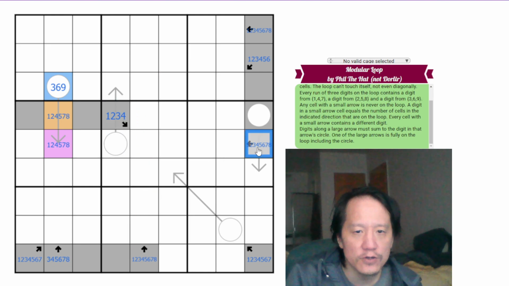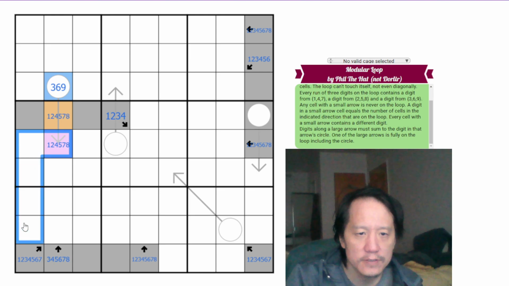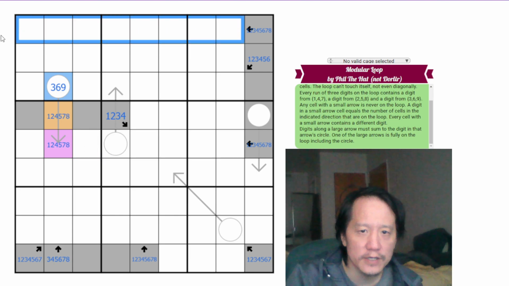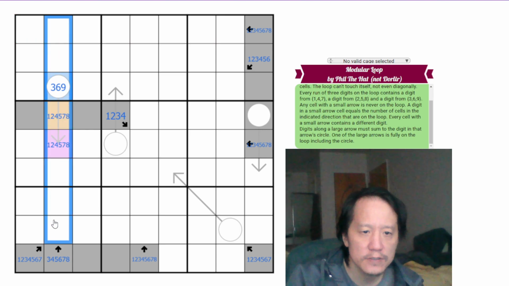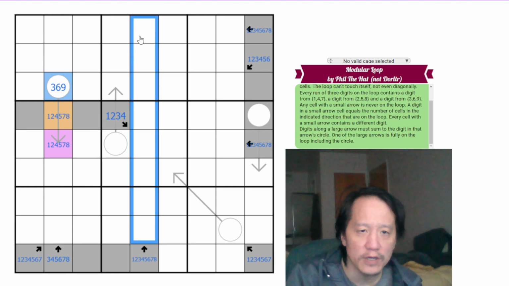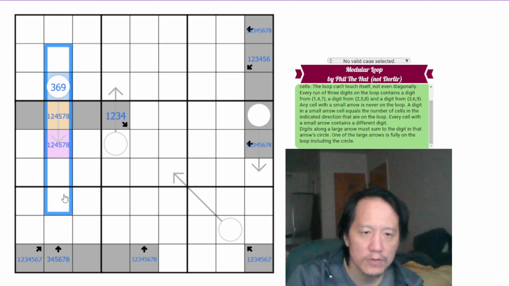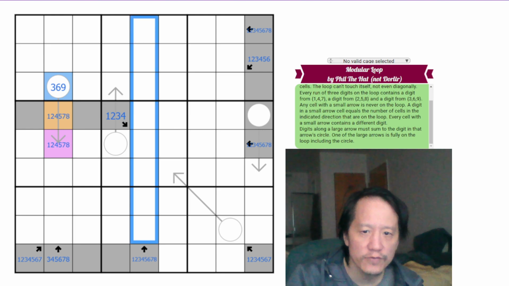This can no longer be 8 because it would touch itself essentially, right? So either this is 8, I'm pretty sure, or this is 8. If we had this being 8, where is the 7? This can't be 7 anymore, right? Because that cuts that in half. I guess this could be 7. Yeah, that could be 7. So if it goes, okay, so let's say it went this way.